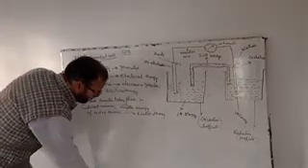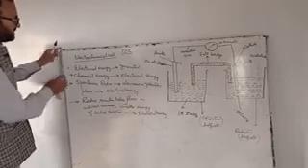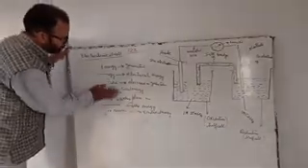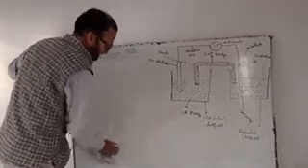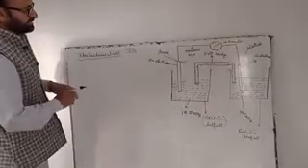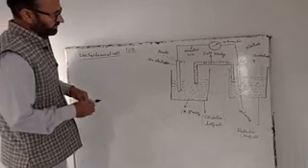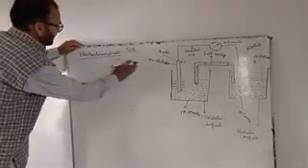Now, the electrochemical cell, as we have known, is the galvanic cell that we use. This is the construction of the galvanic cell. It consists of two half cells.